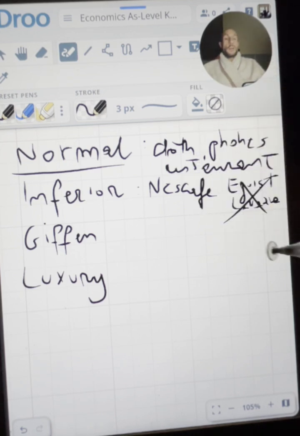So an example would be instant coffee with respect to a high quality Italian or Brazilian coffee, yes.